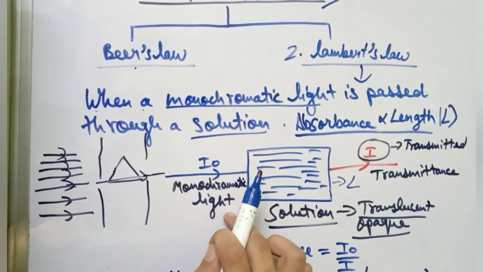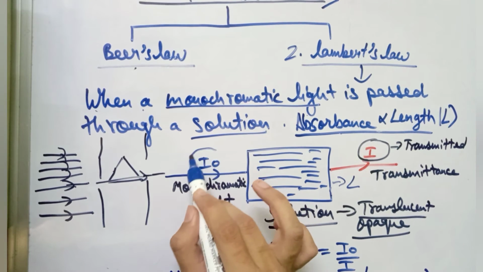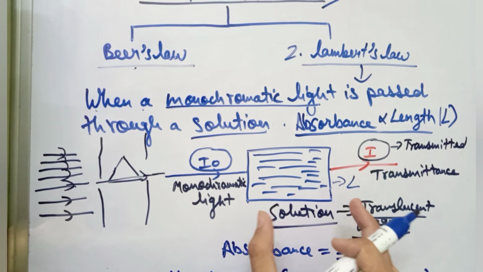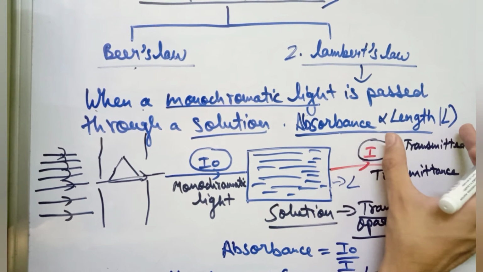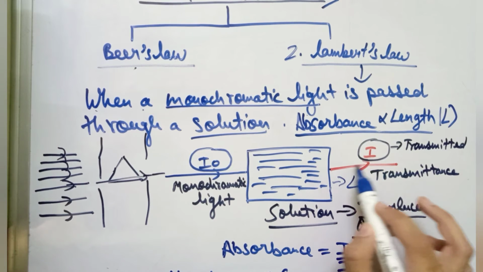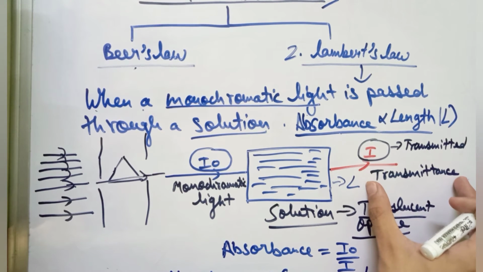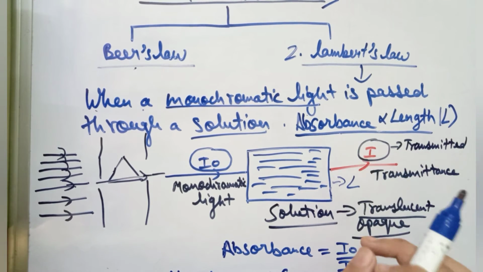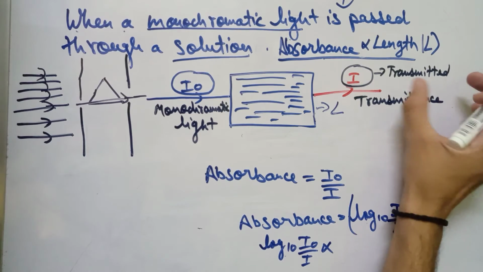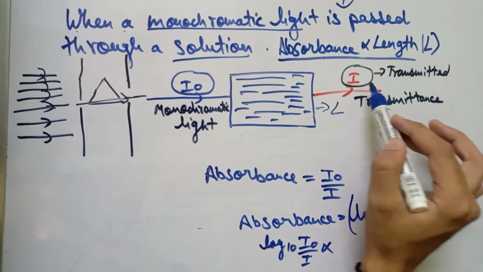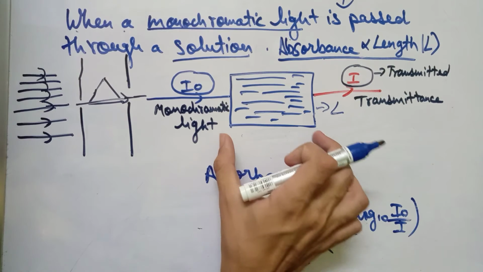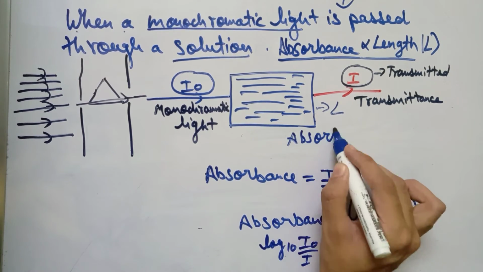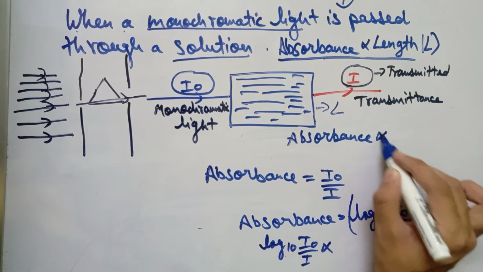When this monochromatic light of incidence, which we have taken as I naught, falls on this medium, the absorbance will be directly proportional to length L, and the same transmittance will occur, and we will get the transmitted light, which we have taken as I, and the absorbed light will be directly proportional to the length of the medium.